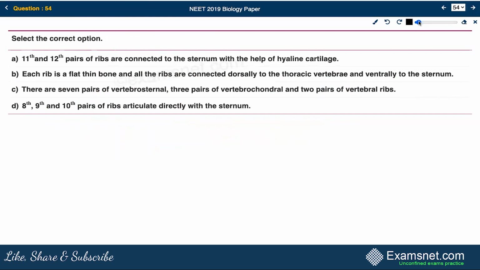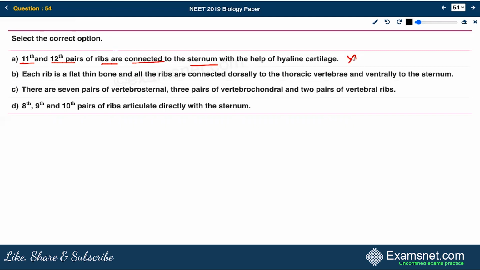Question number 54 says you have to select the correct option with respect to the following sentences given here. The first statement says that the 11th and 12th pairs of ribs are connected to the sternum with the help of hyaline cartilage. Let me tell you that this is an incorrect statement. Why?